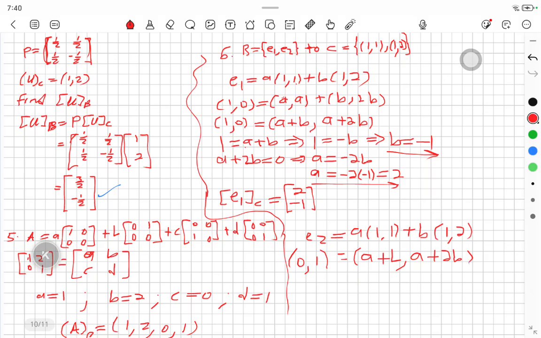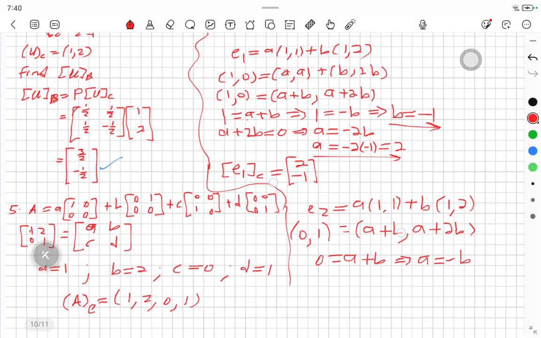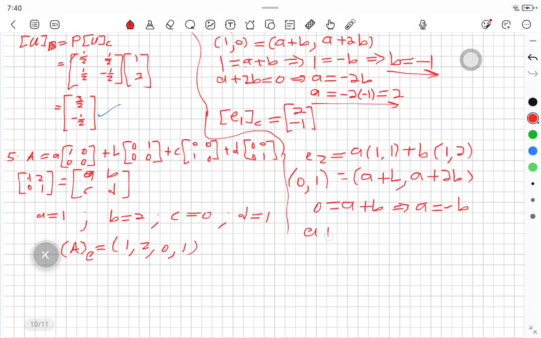Then we have 0 is equal to A plus B, and we have A is equal to minus B. And here we have A plus 2B is equal to 1. Now if you plug minus B here, we're going to get that B is equal to 1. And this means that A is equal to minus 1.